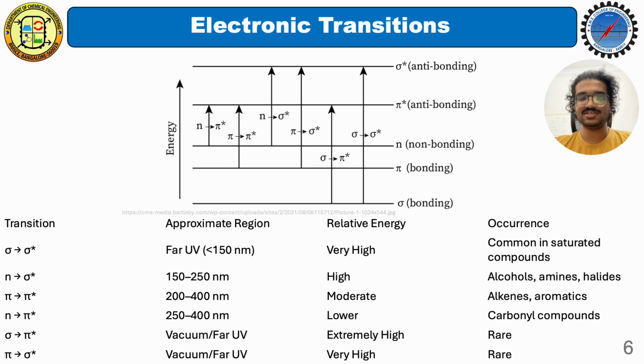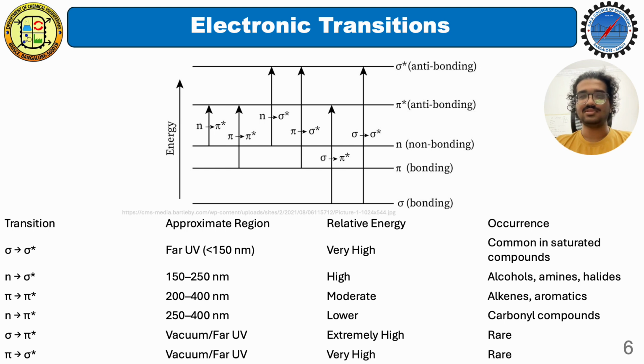A sigma to sigma star anti-bonding transition requires very high energy, with the approximate region of the UV spectrum required being around 150 nanometers, whereas a non-bonding level to a sigma star anti-bonding level would require around 150 to 250 nanometers, which is a relatively high energy, whereas the lowest energy required would be from a non-bonding orbital to a pi star anti-bonding orbital.